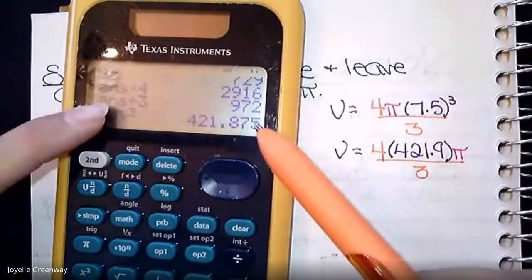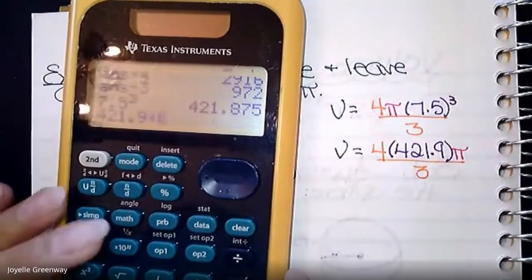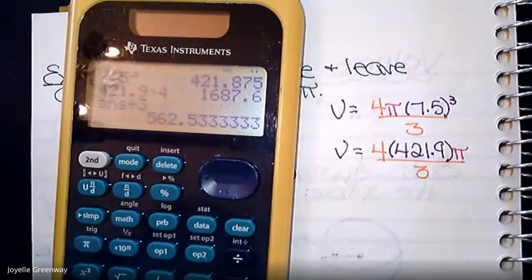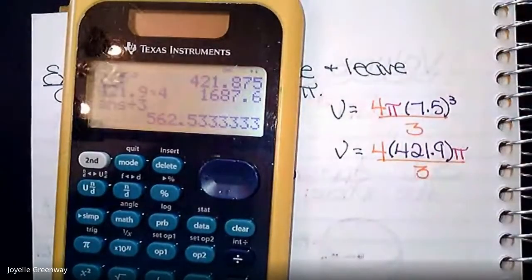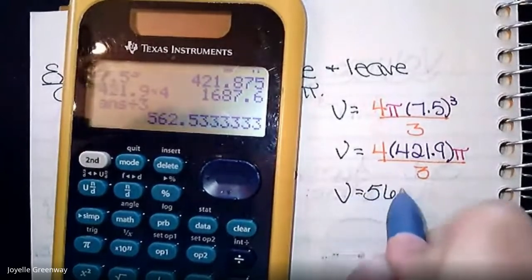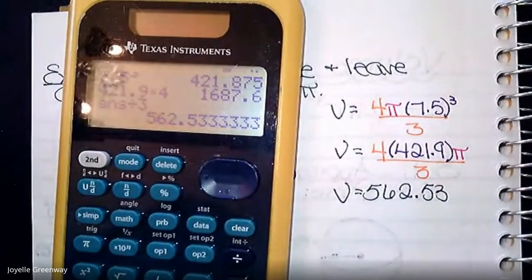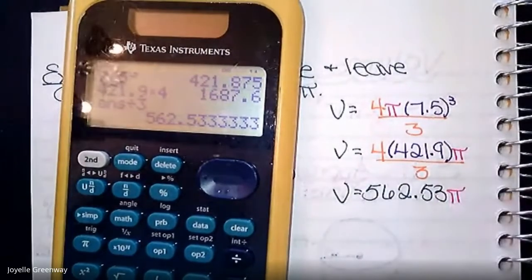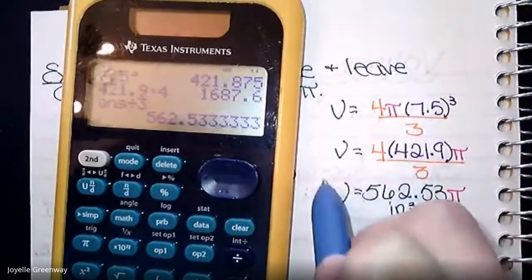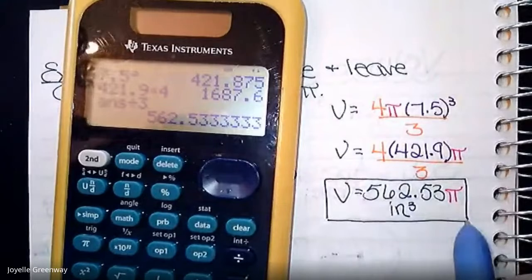Okay, so I take that answer, 421.9 times 4 divided by 3. So I get an answer of 562.53 pi inches cubed. And that is the volume for that sphere.